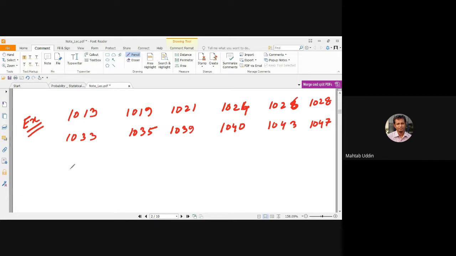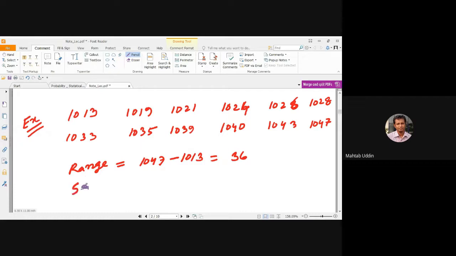First, we'll find the range. What is the range? 1047 minus 1013. So what is the range? 34.